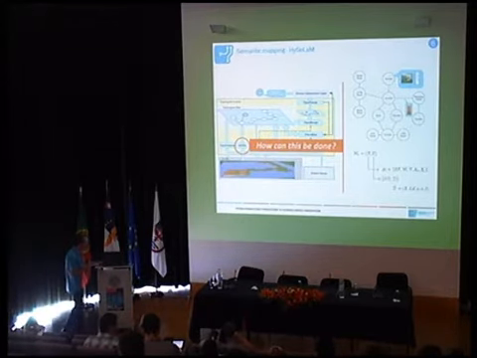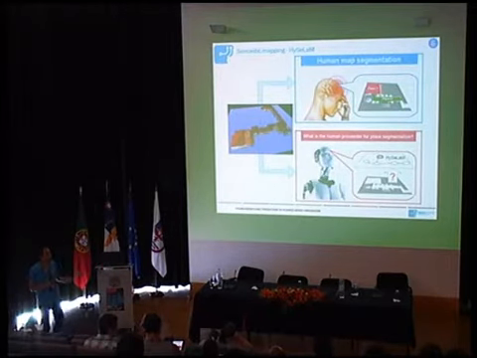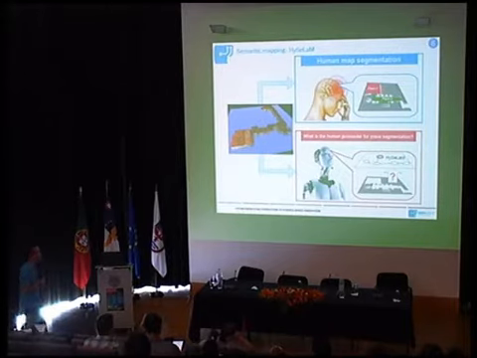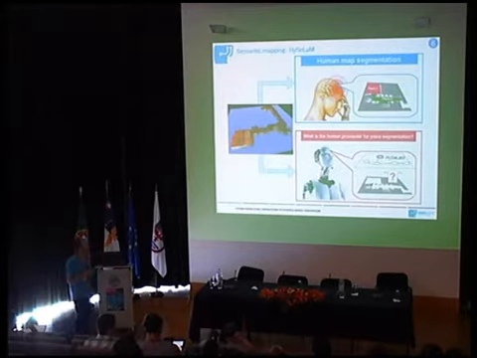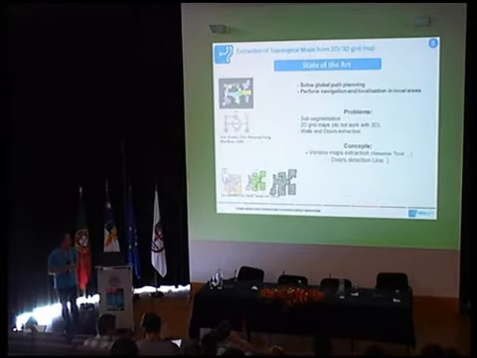How can this be done? This is the figure that represents the problem. Here you have a human looking at the occupation grid map and abstracting this grid map into a topological map, okay? I want to know how the robot can replicate this task. So let's talk about the problem.